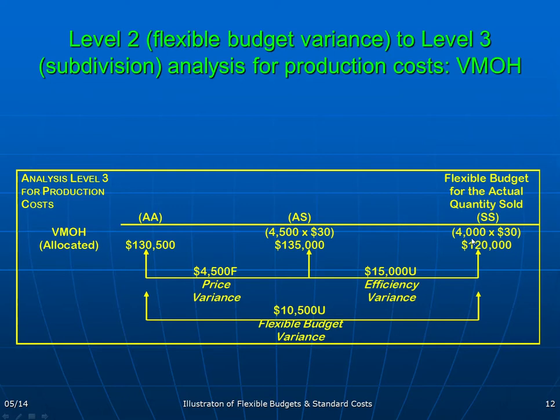Standard quantity of input for the actual level of output, I should have used 4,000 machine hours to make the 10,000 units I actually made. That was what I would have budgeted. And so that's 120,000, allows me to squeeze out my $15,000 unfavorable efficiency variance. That nets together to 10,500. So these three items, direct material, direct labor, and variable manufacturing overhead, we're going to analyze in exactly the same way.